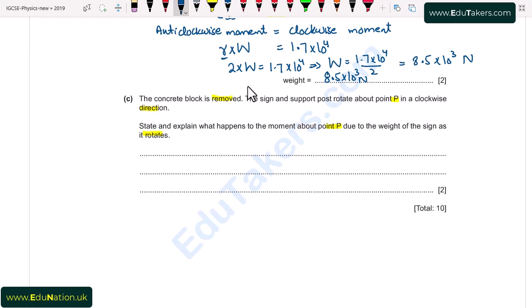So the moment about P due to weight increases.